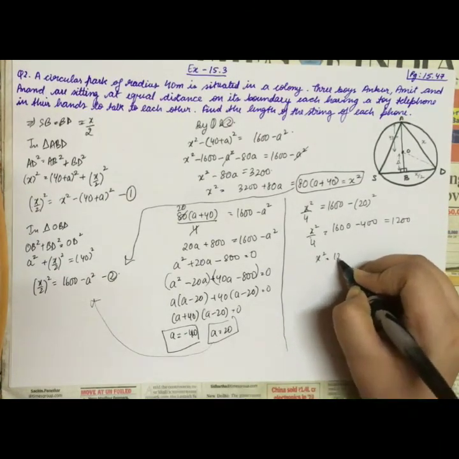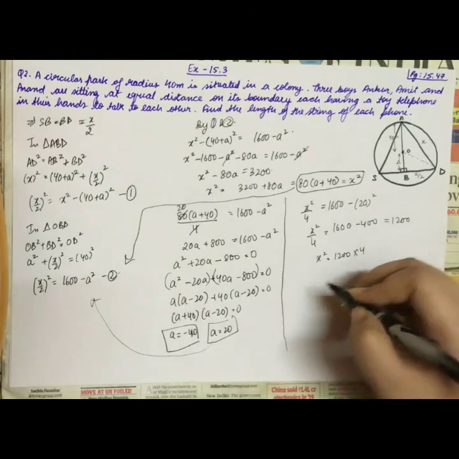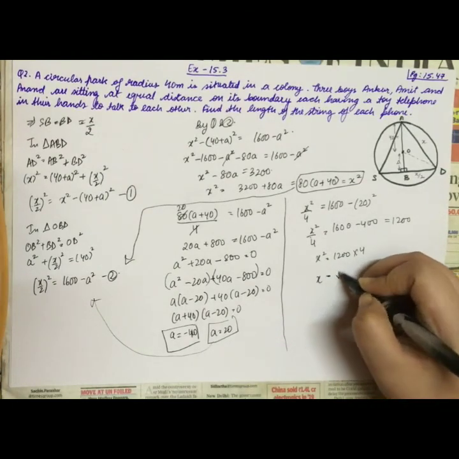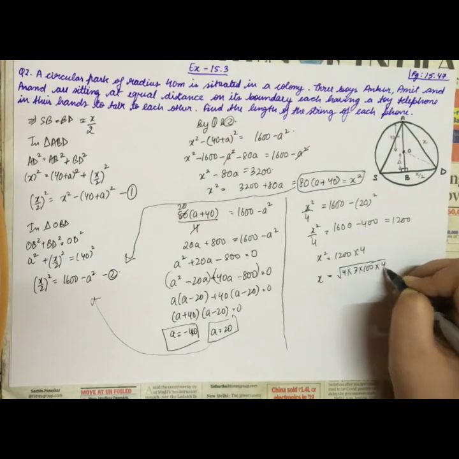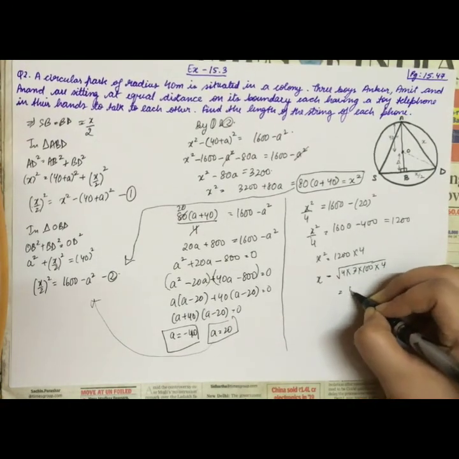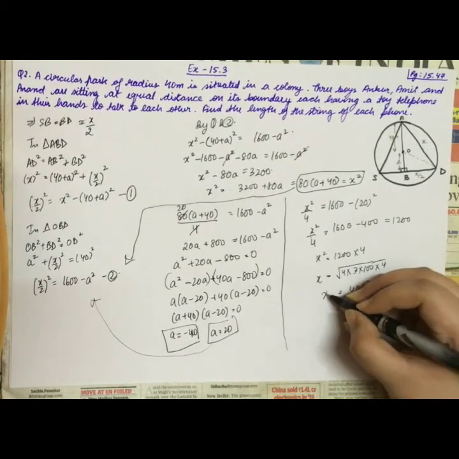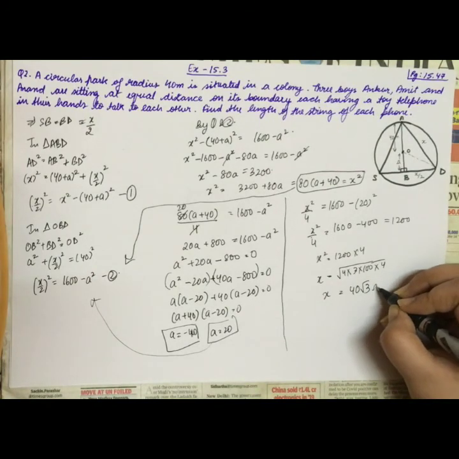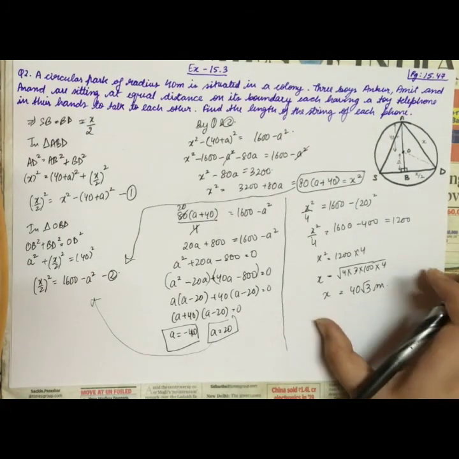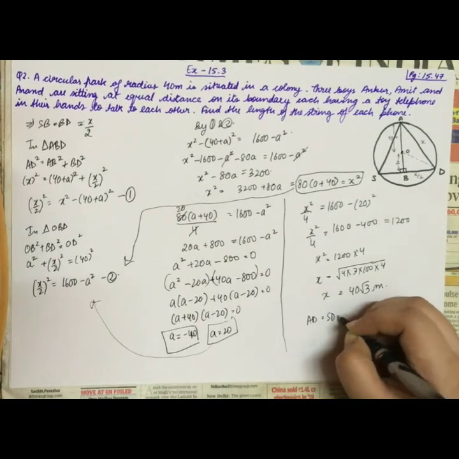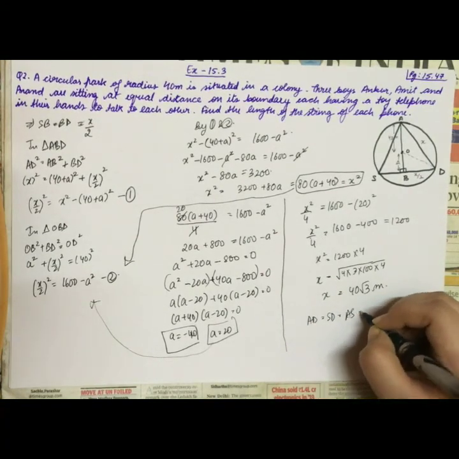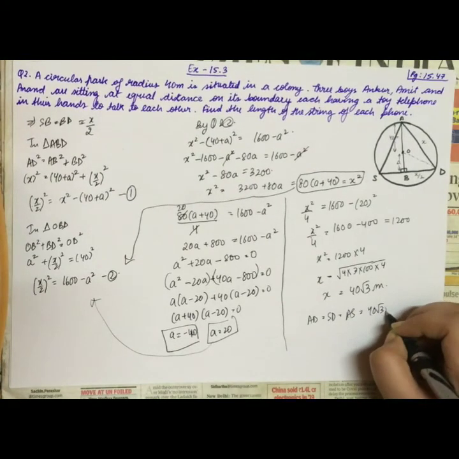X square is equal to 1200 into 4. X is equal to root 4 into 3 into 100 into 4. Therefore x is equal to 40 root 3 meter. Therefore the length of each string, that is AD is equal to SD is equal to AS is equal to 40 root 3 meter.